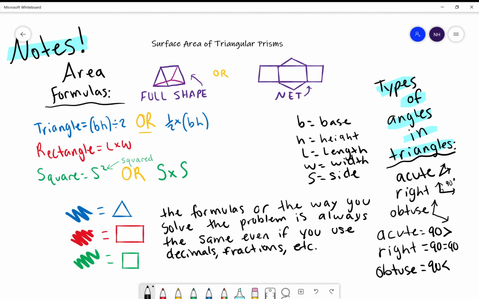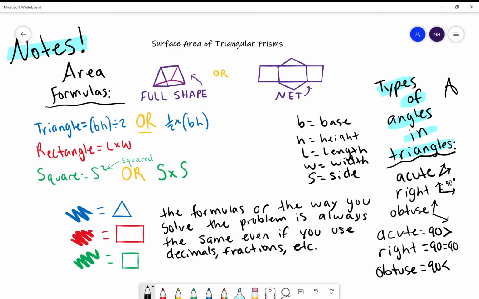The formulas, or the way that you solve the problem, is always the same, even if you use decimals, fractions, or other things. And right up here are some abbreviations that you can use in the formulas. B equals base, H equals height, L equals length, W equals width, and S equals side.